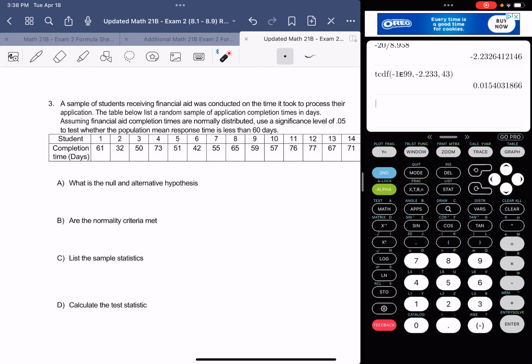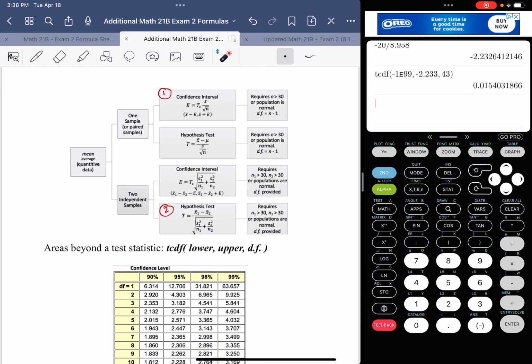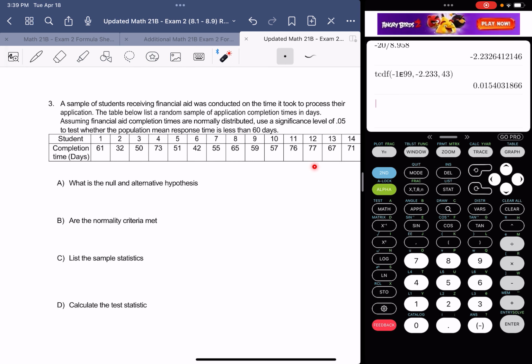All right, before we move any further, let's take a look at our flowchart. So tell me, was this one sample, paired samples, or two independent samples? It's one sample, because we're only working with one sample of data of students.